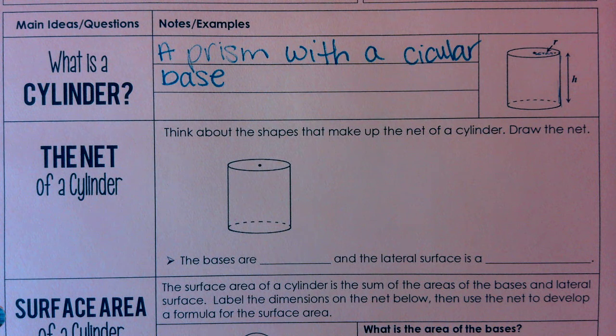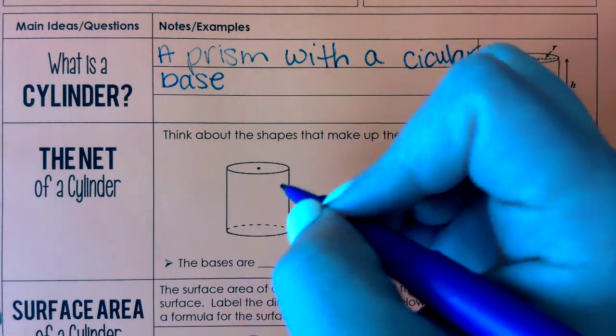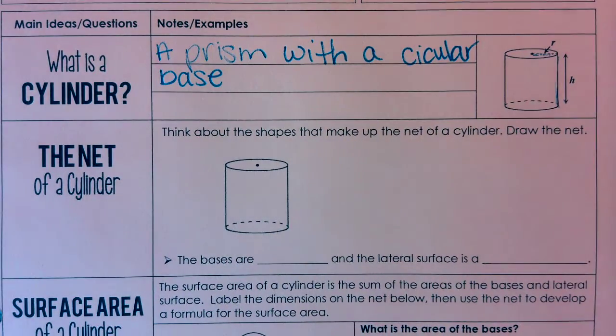If we think about the shapes that make up the net of a cylinder, think about when you roll out wrapping paper. You roll out a circle and it turns into a rectangle.